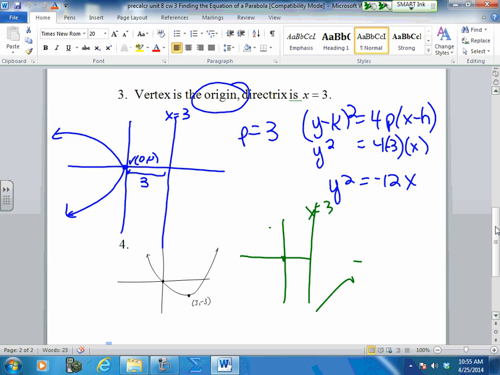It can't go right. The only thing is it goes away from it. Your directrix is always behind or above or below. It's never through your parabola. So we really didn't get a choice. We had to go that way, which puts us to a negative p. So this distance is a positive 3. That's your p. And then because it's working out to the left, it's a negative. Use your sketch to help you get there. Good?